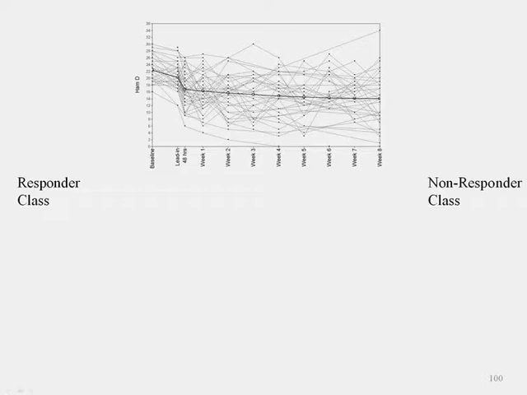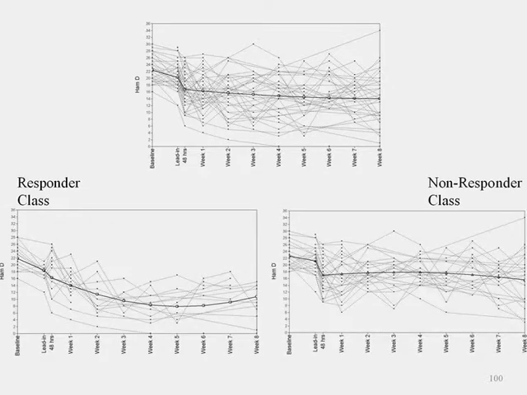Let's take a look at how we can sort out the heterogeneity in this scatter plot by looking at two different latent trajectory classes. And here they come.